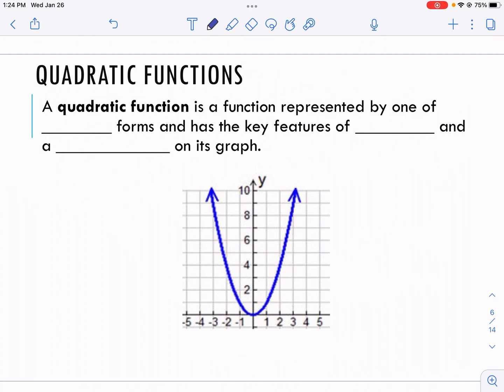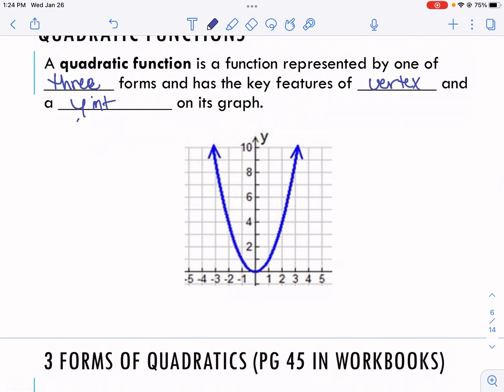The next one we're going to be focusing on is the quadratic function. A quadratic function is represented by three forms, which we're going to go over here in a minute, and has the key features of a vertex and a y-intercept on its graph, and also x-intercepts.